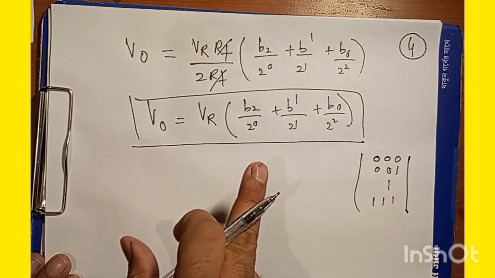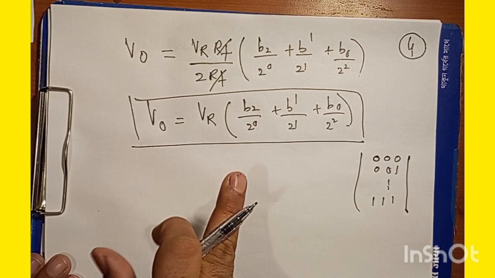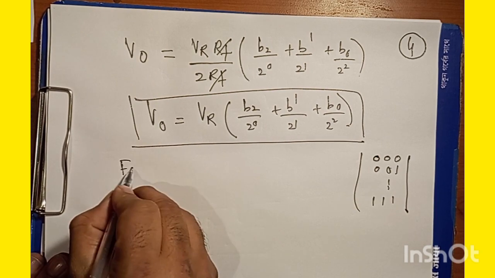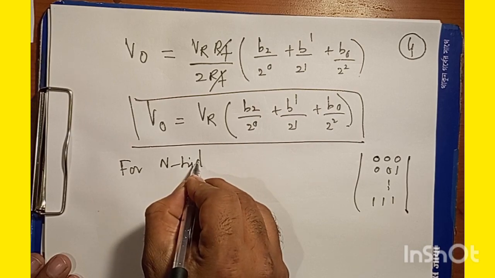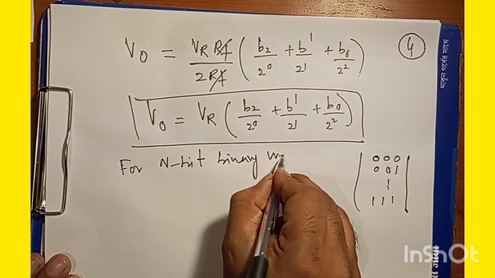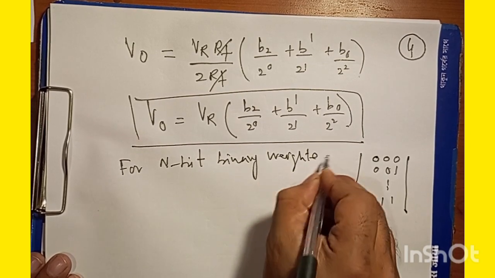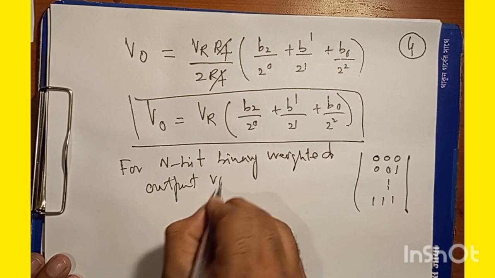And we can generalize this output voltage for n bits, the n-bit binary weighted output voltage.